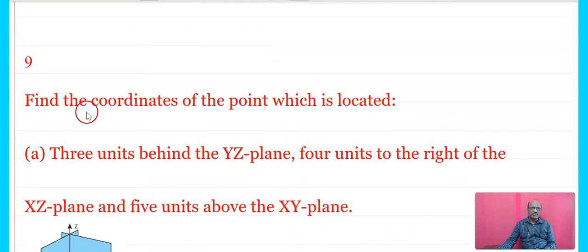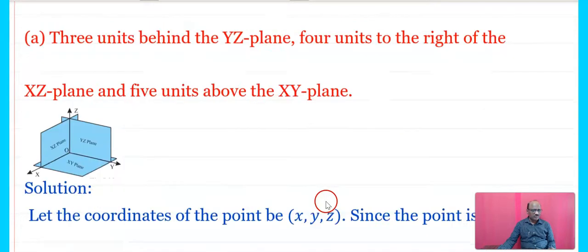Next problem. Find the coordinates of the point which is located 3 units behind the yz plane, 4 units to the right of the xz plane, and 5 units above the xy plane. Now one by one.